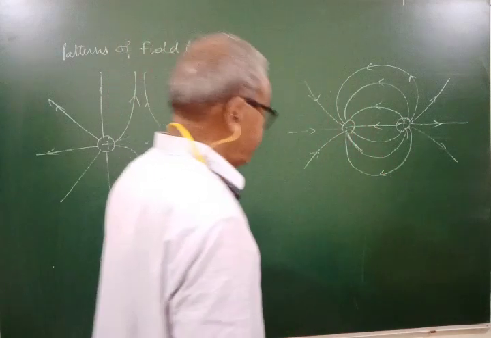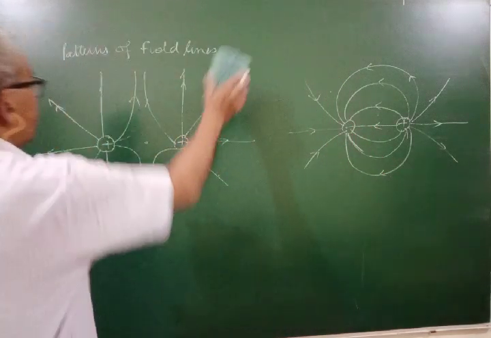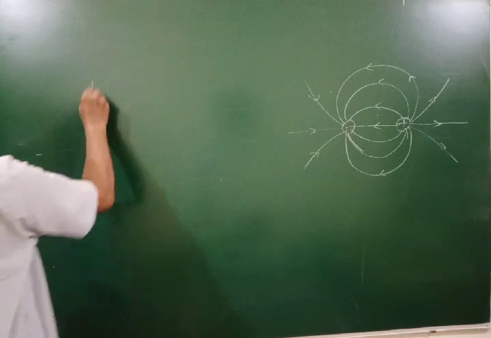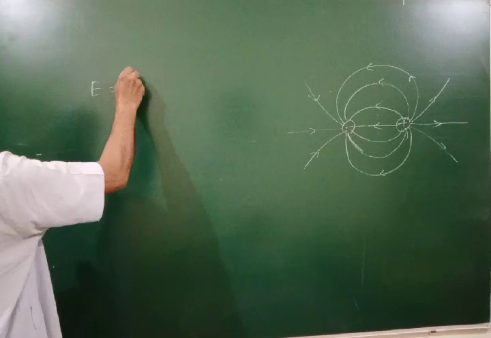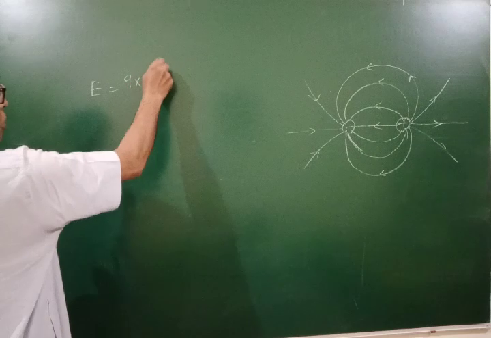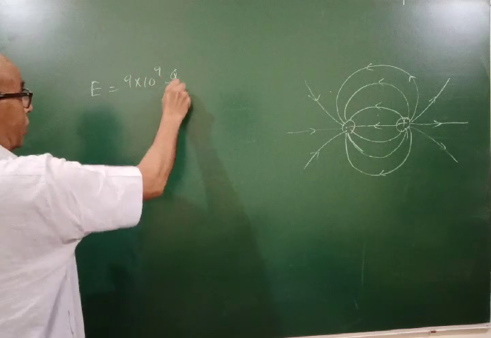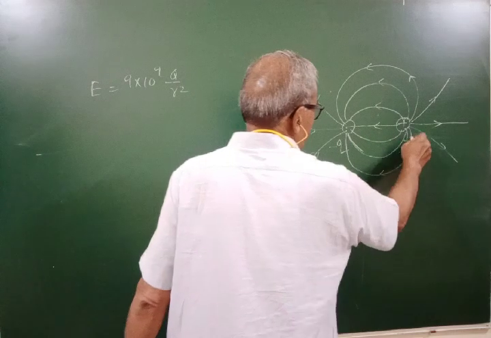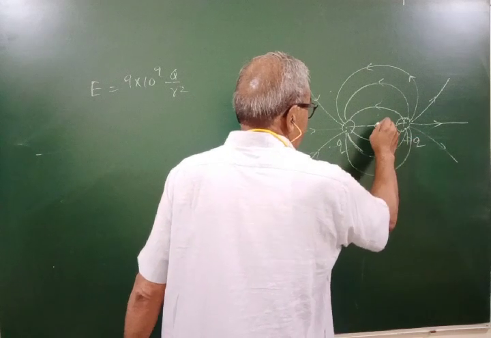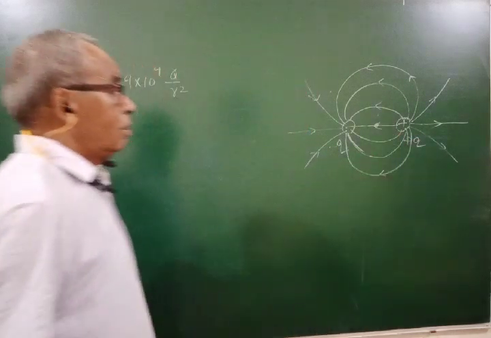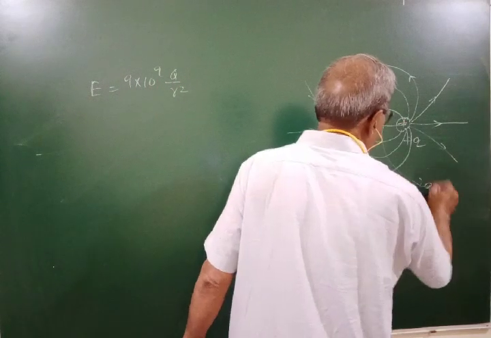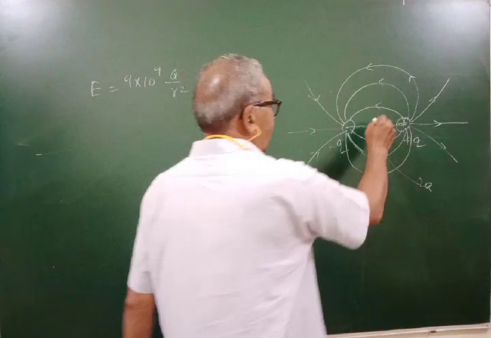Now see here. You have learned the field due to a point charge q at distance r, and the magnitude is given by 9 into 10 to the power 9 q upon r square. If this dipole has minus q charge and plus q charge, and the length of the dipole is taken as 2a, you are asked what is the electric field at the midpoint.